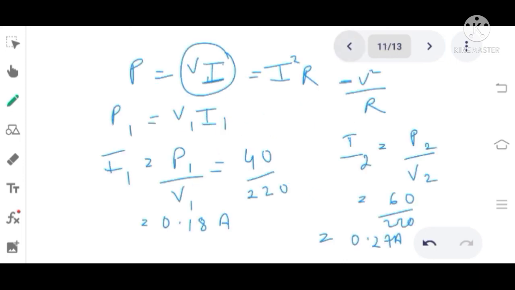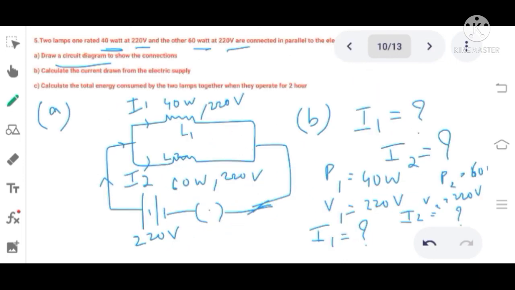Now let's get to part C of the question. Calculate the total energy consumed by the lamps together when they operate for 2 hours. So energy E you need to find, time T is given, and power is already known for both the lamps. Immediately it should click which formula to use.